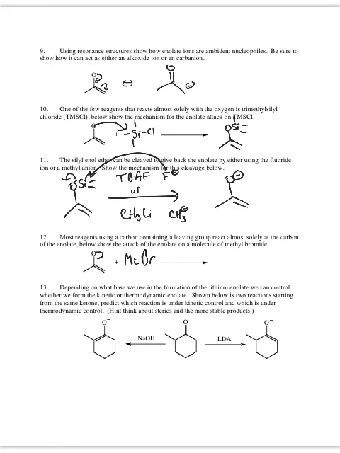So an example of this, if we add methyl bromide, we can see the enolate reacting with the methyl bromide to form 2-butanone. Now on the last one on this page we have the sodium hydroxide, which forms the more substituted enolate, which is the thermodynamic.